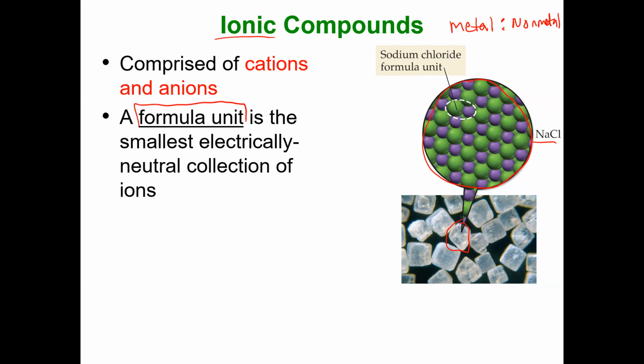The reason why we do that is there's really no molecule here. So it's typically referred to as a formula unit. Now, what you have to understand is this ratio for this compound. Again, sodium chloride is a compound because we have two types of elements together in a fixed ratio. That's why it's a compound.